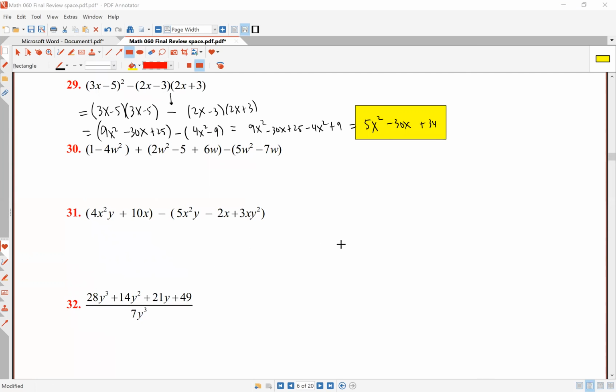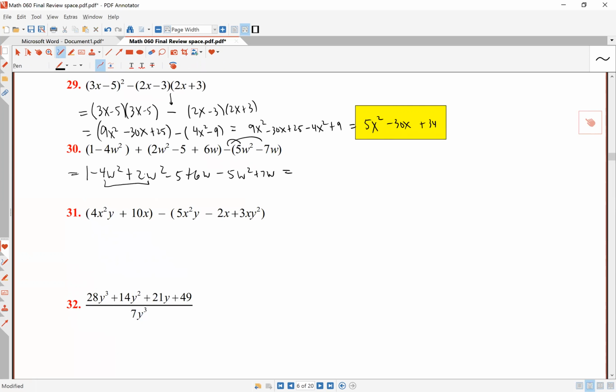Number 30. Plus sign doesn't change anything, but the minus sign distributes. All right, got some like terms there.